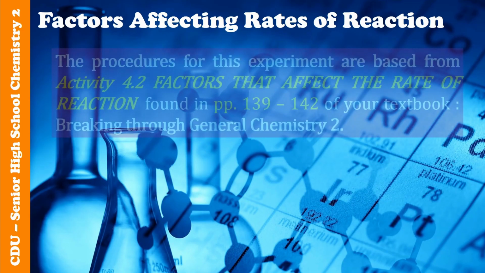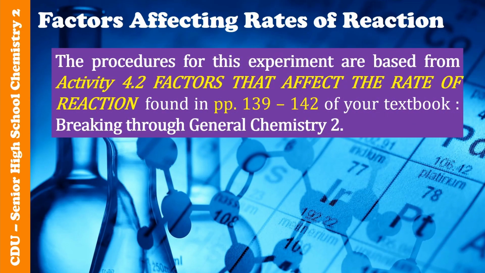The procedures for this experiment are based on Activity 4.2, Factors that affect the rate of reaction, found in pages 139 to 142 of your textbook, Breaking Through General Chemistry 2.